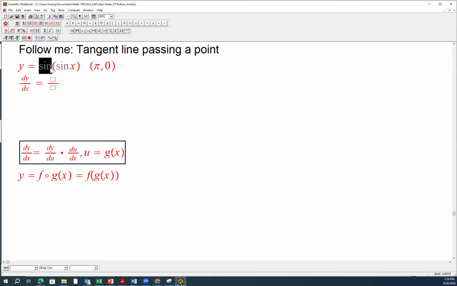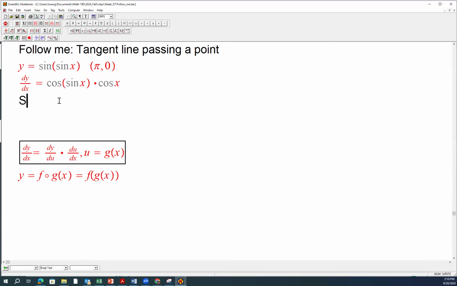The outer layer sine is cosine of sine x, and then we differentiate the sine x inside. I think you guys can follow, right? So differentiate the sine outside, and then we differentiate the sine inside. So we got this.